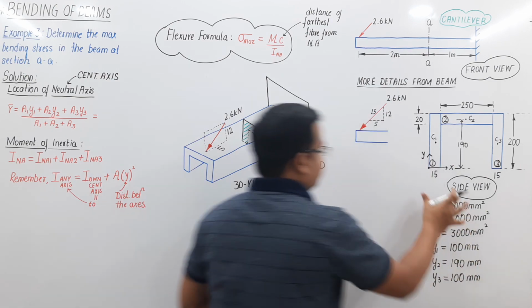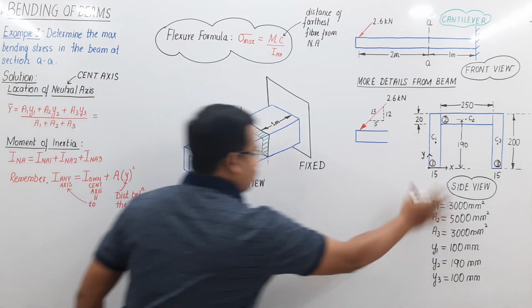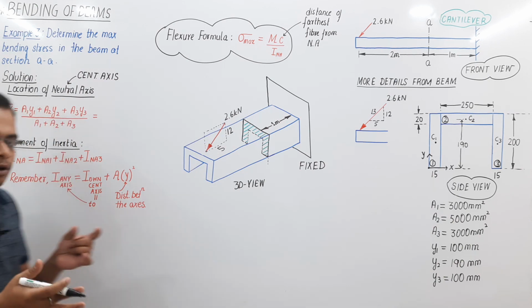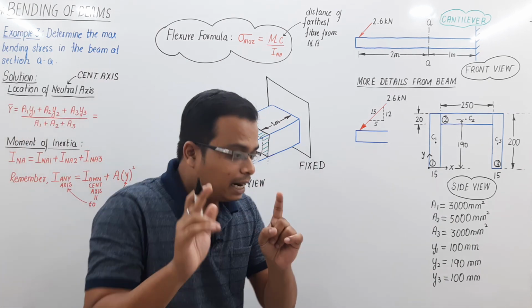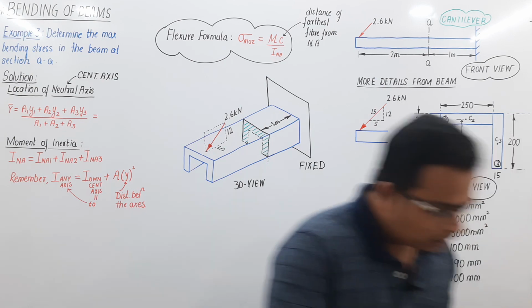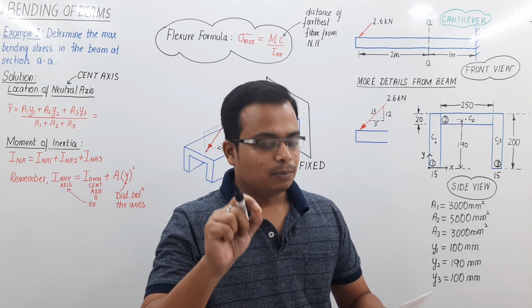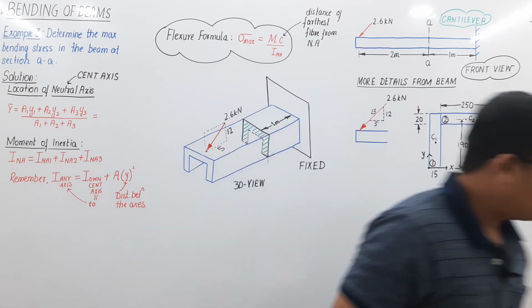So guys, when you plug in all of these values into this formula to work out the centroid, the position of the neutral axis works out as 140.9090. Let me round it off to 2 decimal places, and that is going to be 140.91.